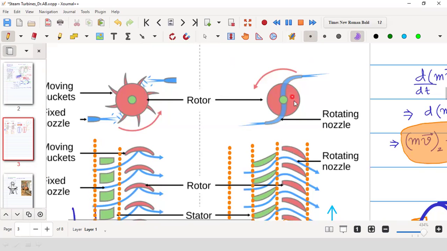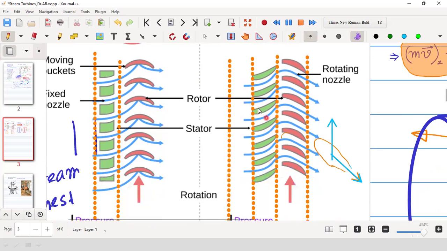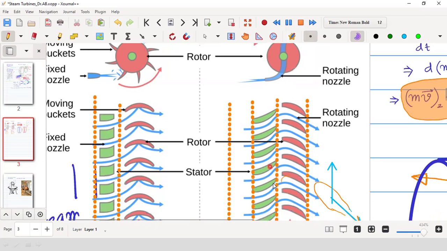But in this way you can understand the pure reaction, because there is no impact or impulse effect, only reaction. The other diagram has two sets, one is nozzle, another is blade, but here there is no blade, only the nozzle. The nozzle here is not moving, the nozzle is static. You see the stator, the nozzle is stator. So these and these are not corresponding.